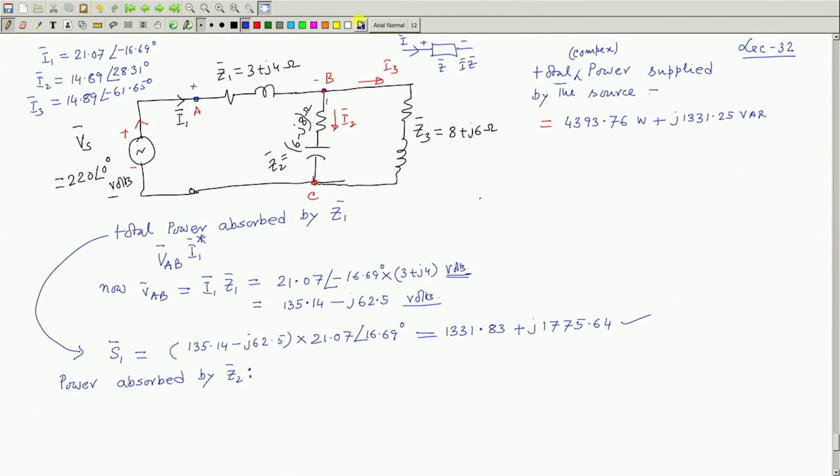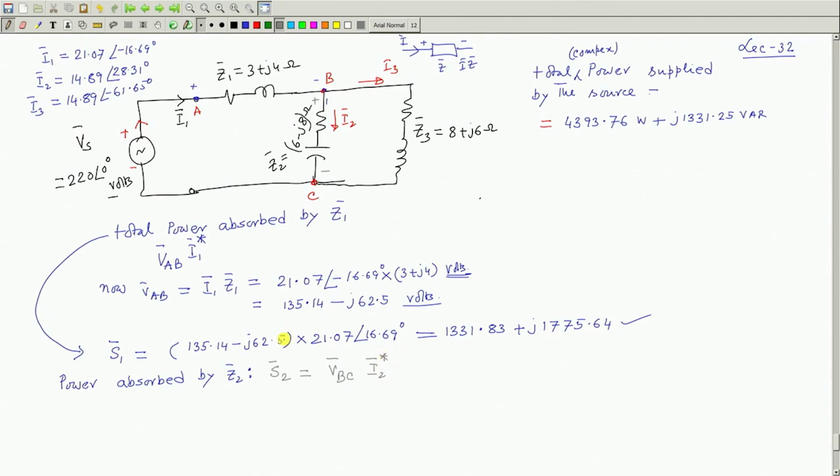Let us use a different color for S 2. It will be equal to V bar BC, potential of B with respect to C, and then I 2 star.